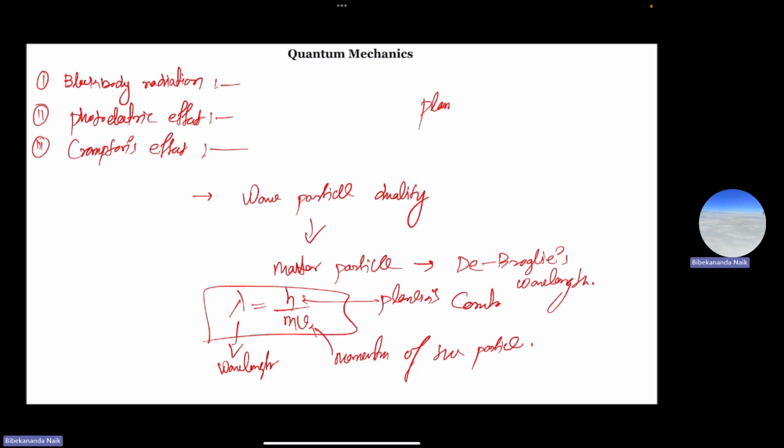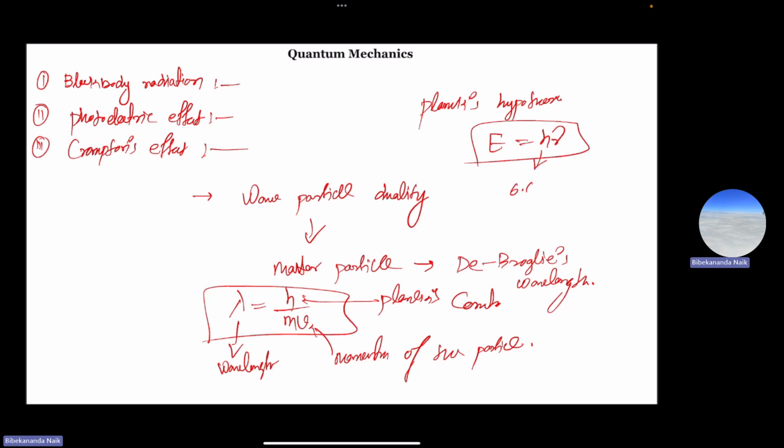Again, according to Planck's hypothesis, he said that light is not continuous. It contains some discrete energy packets, and each energy packet is called a quanta, and from that quanta the name quantum mechanics has also been derived.